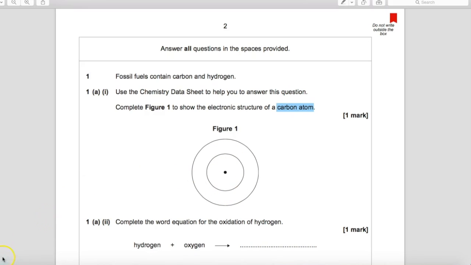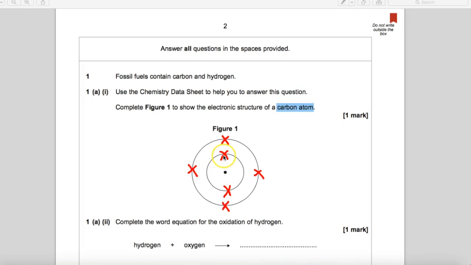If I get my pen, then if I was drawing this in the exam, I'd start by putting 1 electron there, 1 electron there. There, we filled the inside layer, the lowest energy shell. We've got to then move to the outside one. So remember, electrons want to be as far away from each other as possible. We go around the clock face with our 4 electrons and count up 1, 2, 3, 4, 5, 6.